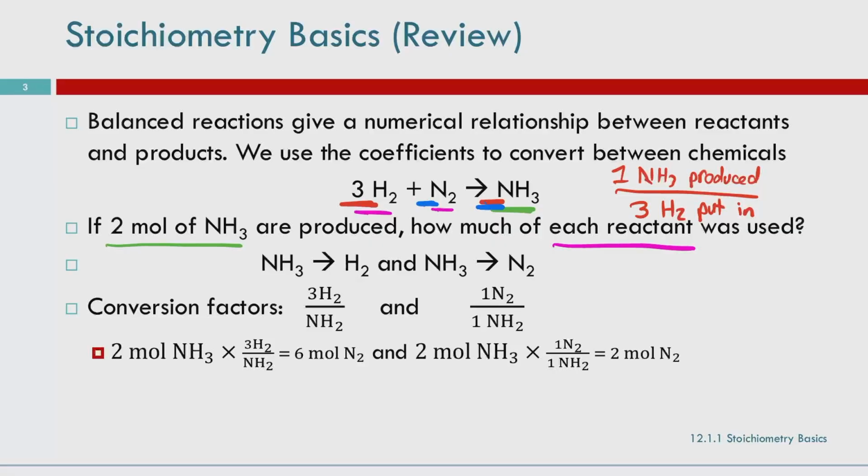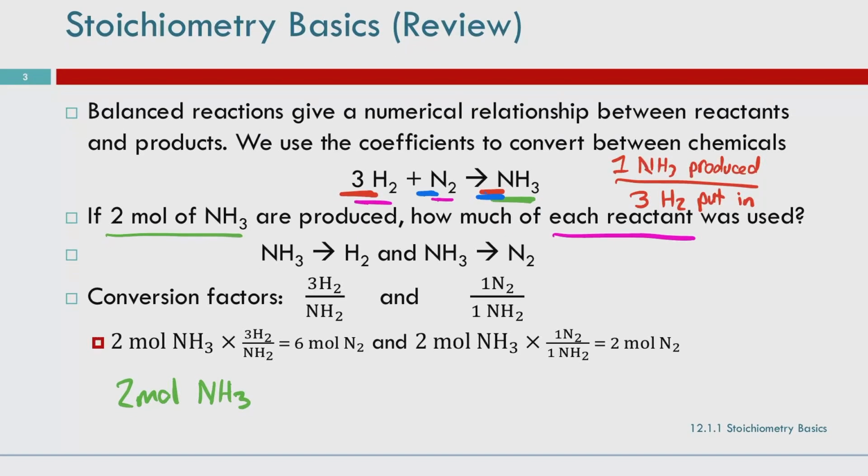So when we do the multiplication for these, in both cases we're starting with our 2 moles of ammonia. We're multiplying it by the conversion factor. What we're doing is converting the chemical. So we'd write the 3 H2 on the top, the NH3 on the bottom.